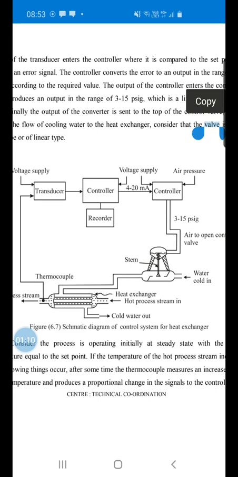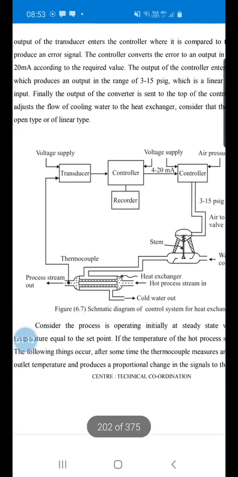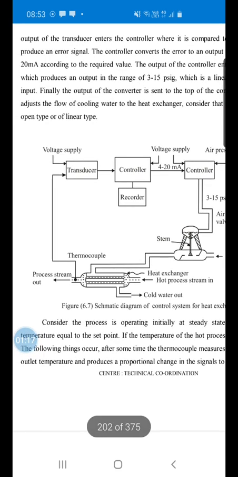So we are going to control the temperature of the liquid stream from the heat exchanger. How to maintain the temperature of the process stream leaving the heat exchanger is described in this control system. So how does this system work?